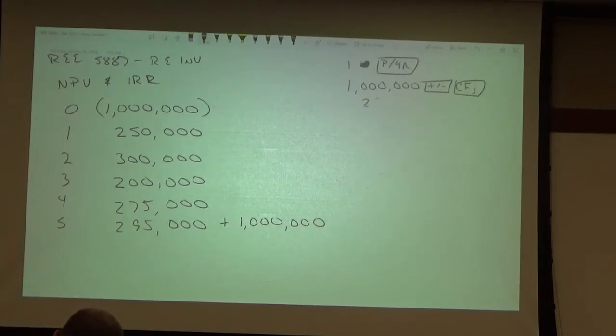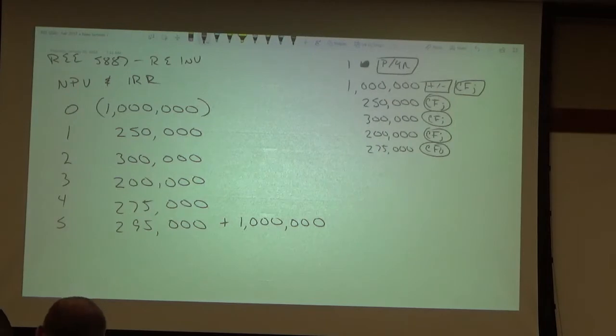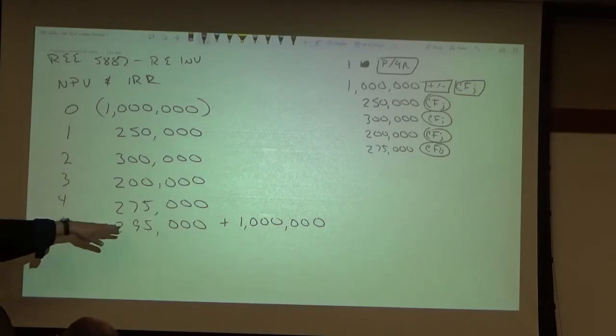And then the subsequent cash flows of the 250, 300, 200, 275, and then for the final cash flow, you're going to add together obviously all of the revenue received in that final year.